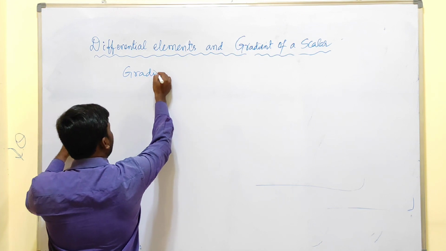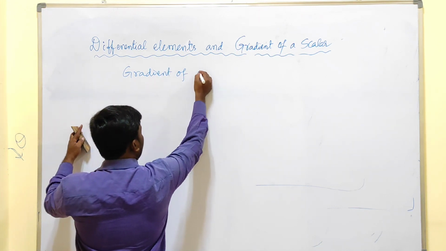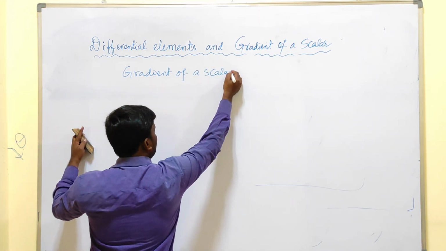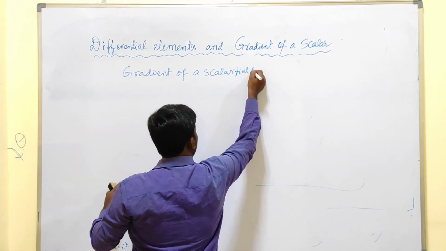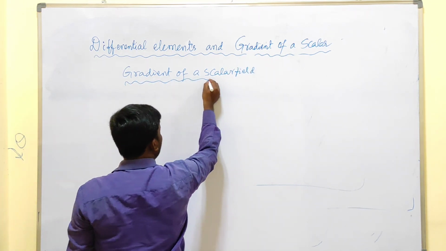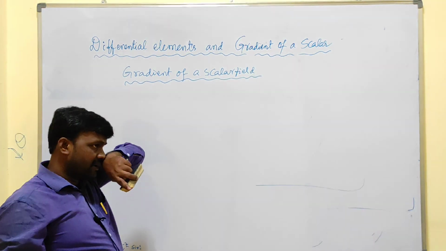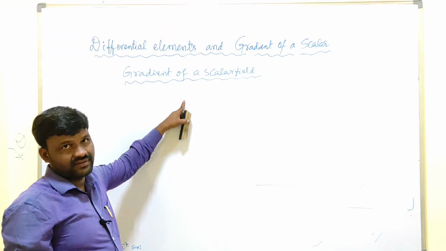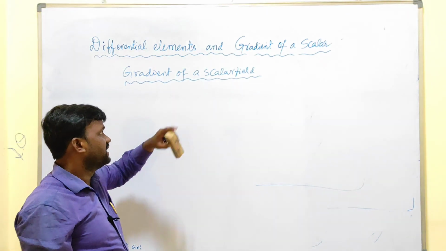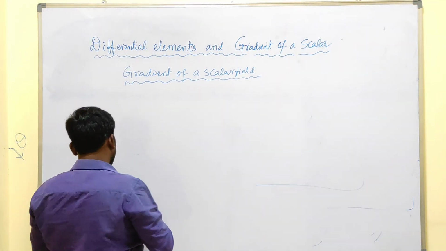What is meant by gradient? Gradient of a scalar field or scalar function. Basically, the gradient of any scalar gives a vector.